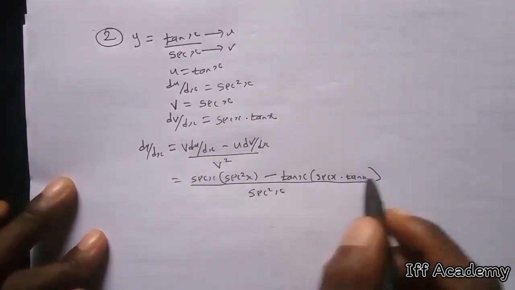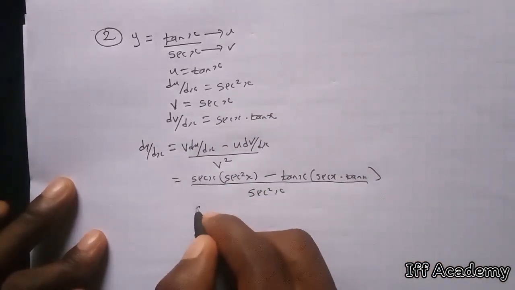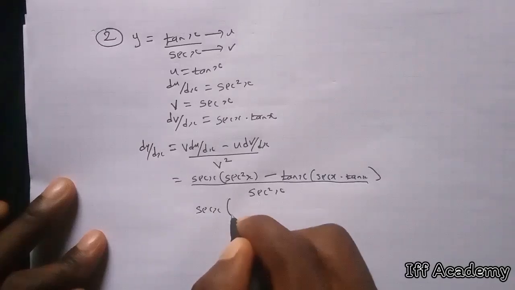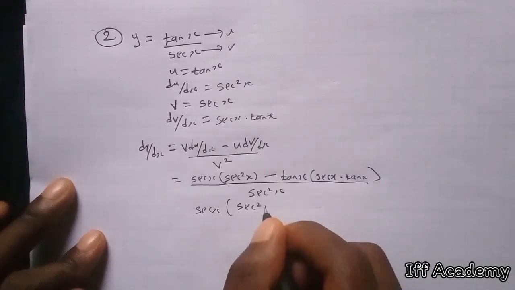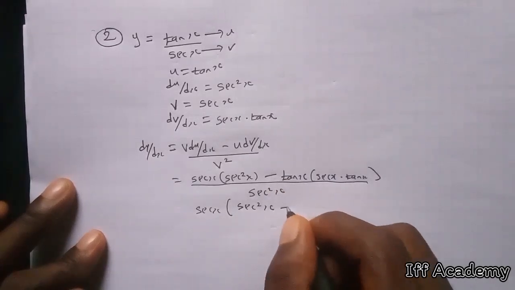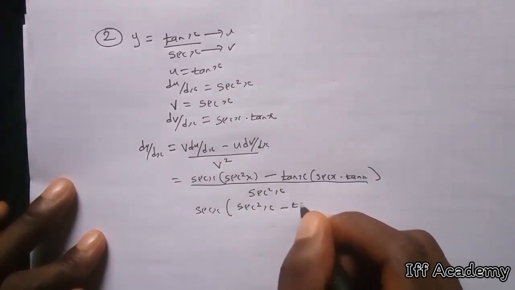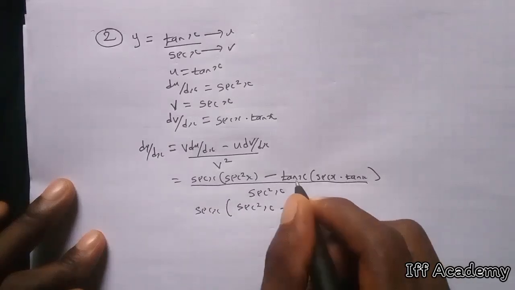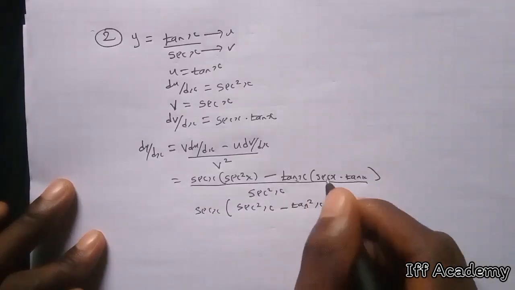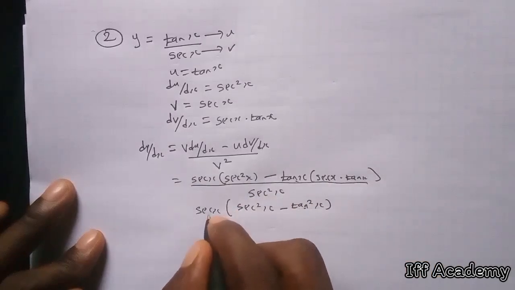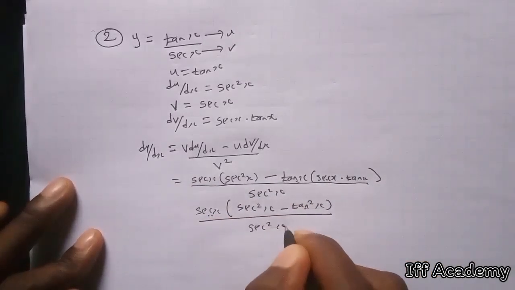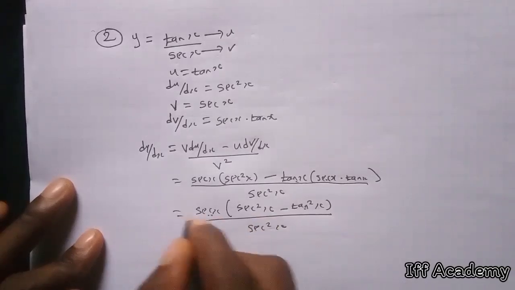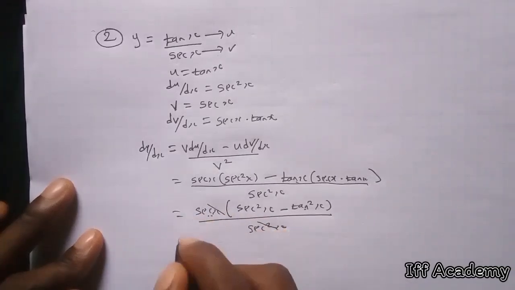So from here, we can factor out sec x. So this becomes sec x into sec square x minus tan square x, because tan x times tan x is what? Tan square x. So you have taken this out here, and now it becomes this, and you have sec square x. So this will cancel this out, right?